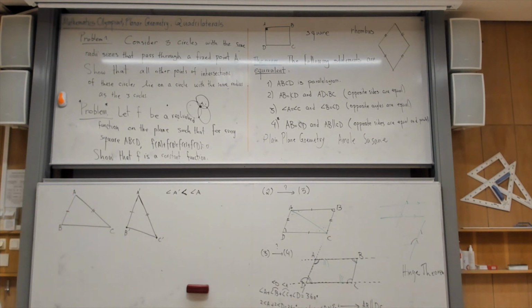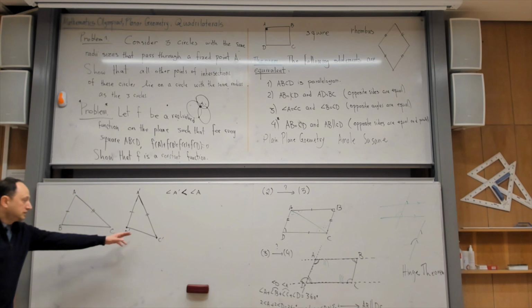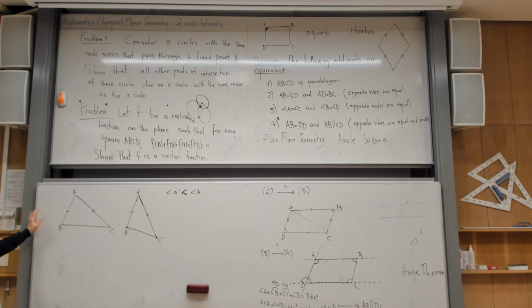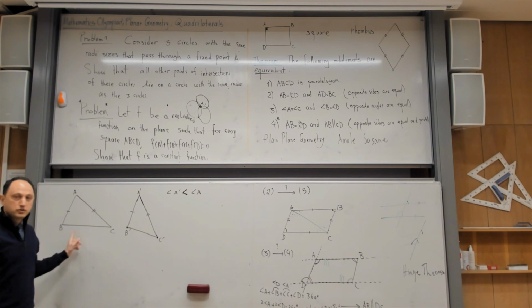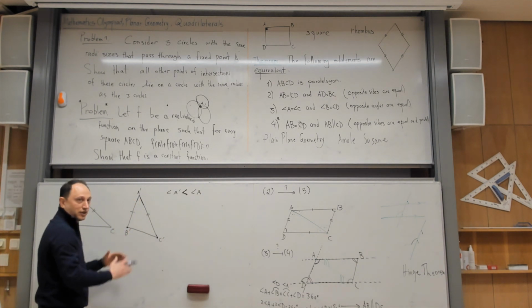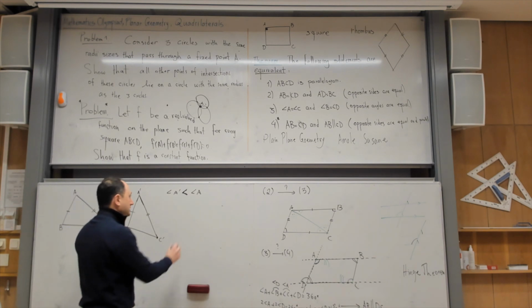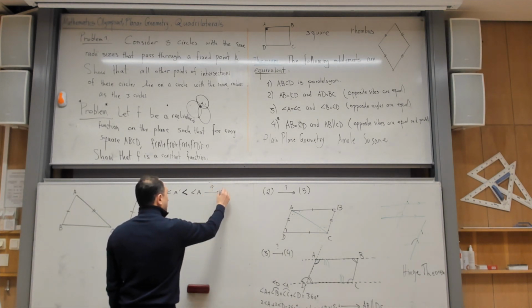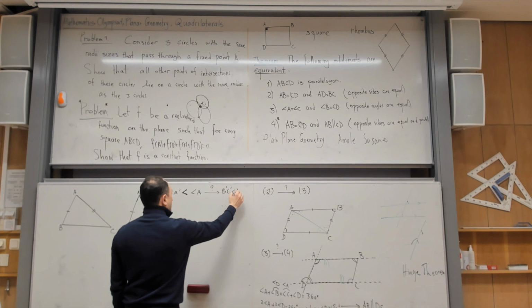What is intuitively correct? If you compare the length of this one and this one, how are they related? Because the angle is smaller, it'll be smaller. B prime C prime is smaller than BC. Intuitively, it seems that if I make this angle smaller, it's like a hinge, you know. So if I make this angle smaller, we want to prove that B prime C prime is also less than BC.